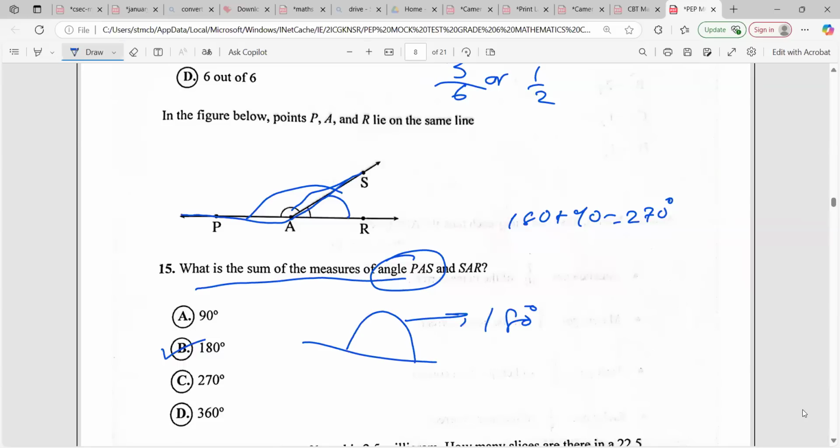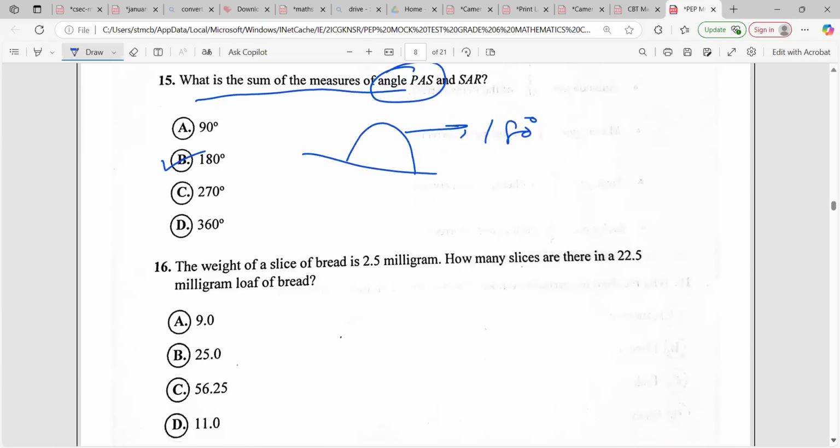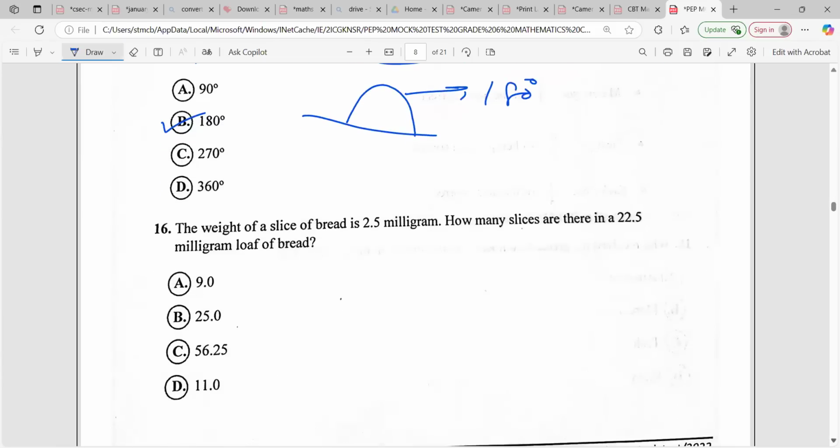Let's see if we can do one more, guys. I promise I won't keep you too long, as I know you have school and whatever. So we can start back from 7. The weight of a slice of bread is 2.5 milligrams.